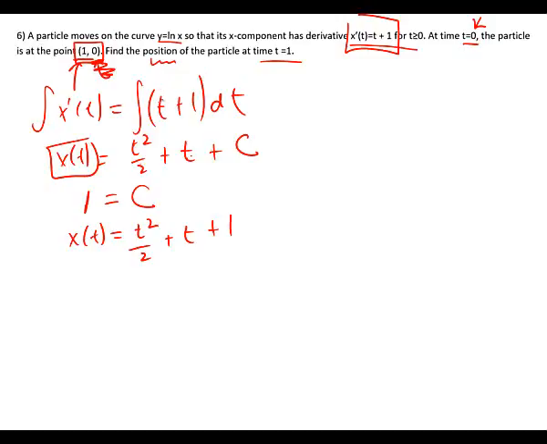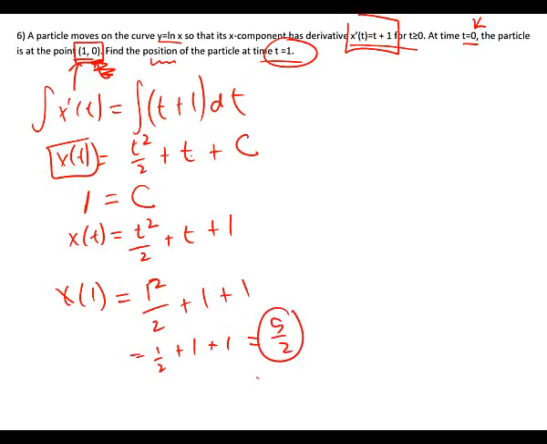They wanted me to find the actual position at time equals 1. So could I get the x position at time equals 1? Plug in a 1 into this thing. So 1 squared over 2 plus 1 plus 1. So 1/2 plus 1 plus 1 is 5/2. Good.